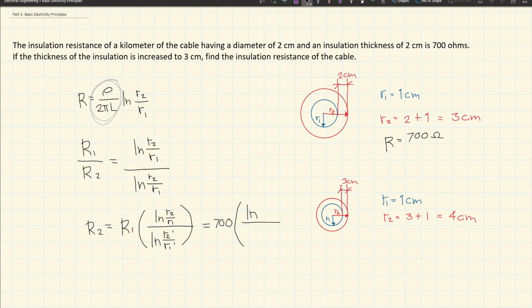Our R2 is 4 centimeter over R1 is 1 centimeter. Then our R2 is 3 centimeter over 1 centimeter. So our new insulation resistance of cable is 886.23 ohms.